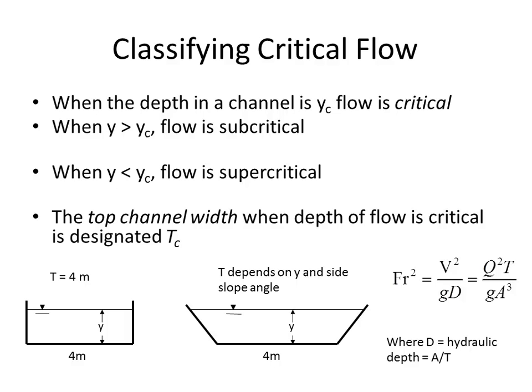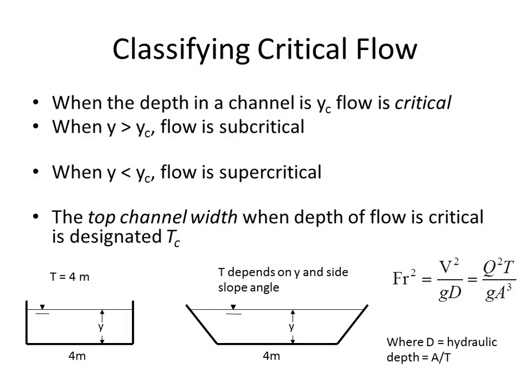But because the channel is trapezoidal, in some cases it's easier to speak in terms of the flow rate and the top width, depending on the geometry. Either one of these will always give you the right Froude number.